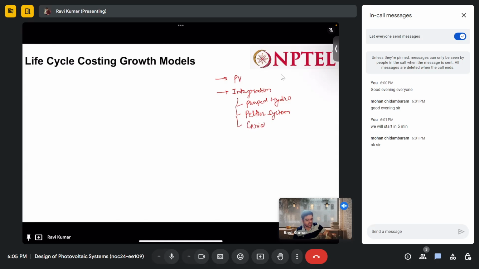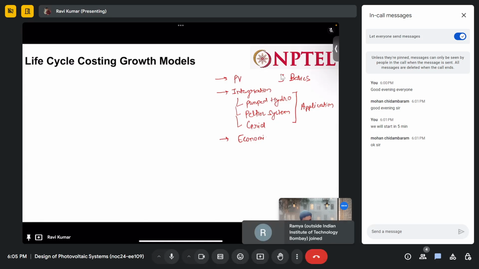So first part we have covered the basics. In the second part we have covered the application part. In this third part we are going to cover the economics part, the economical part of the solar photovoltaic system.